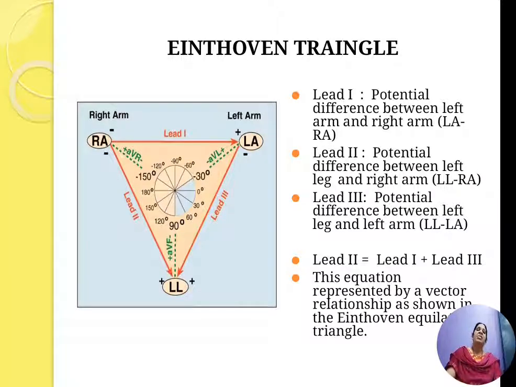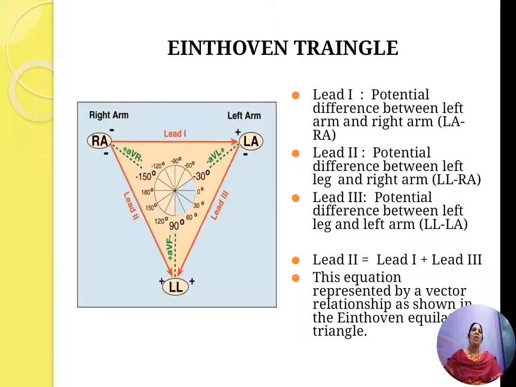There is an equation which represents the vector relationship between the sides of this Einthoven equilateral triangle. Lead 2 is equal to lead 1 plus lead 3. According to Kirchhoff's laws, the amplitude of lead 2 is equal to the sum of the R wave amplitudes of lead 1 and lead 3.